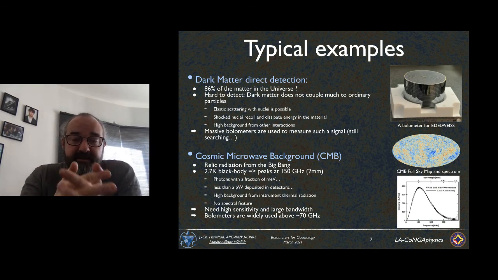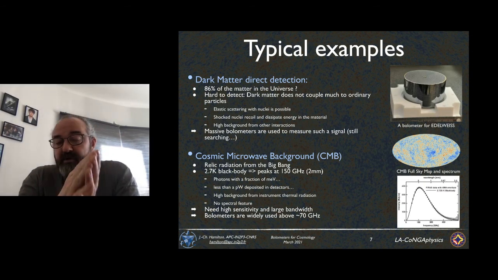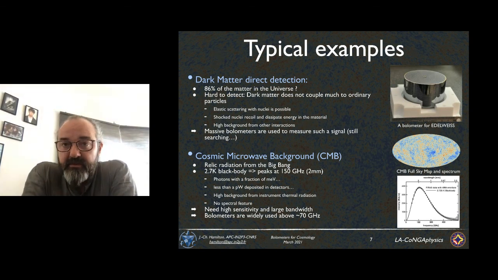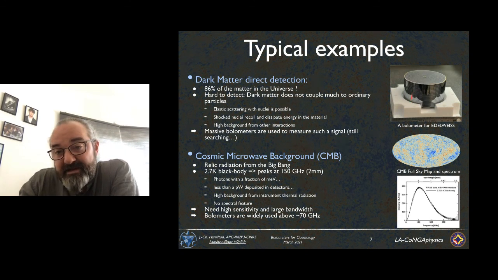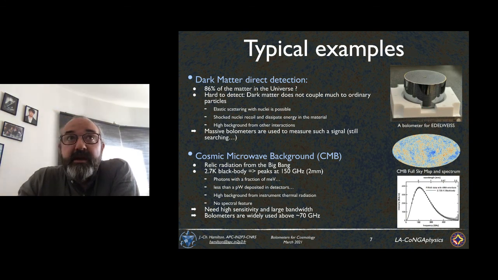So we could detect this dissipation of energy. Of course, there's a very high background from a lot of other interactions, but it is possible to deal with them. And so such very massive bolometers, massive because you need a lot of nuclei, are used to measure such a signal. They've been used for 20 years and have never detected it yet.